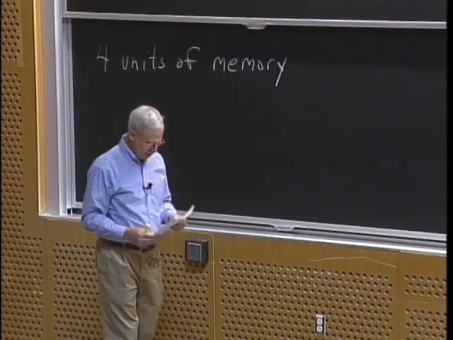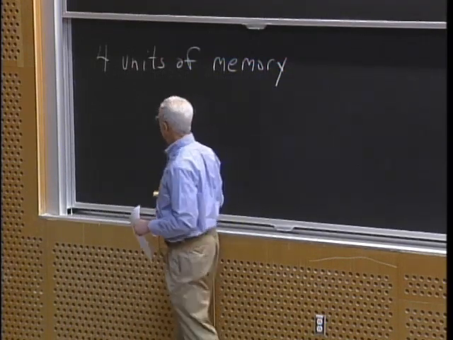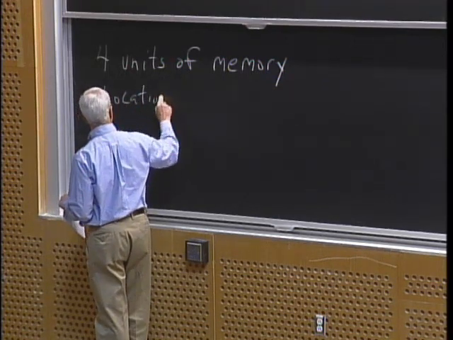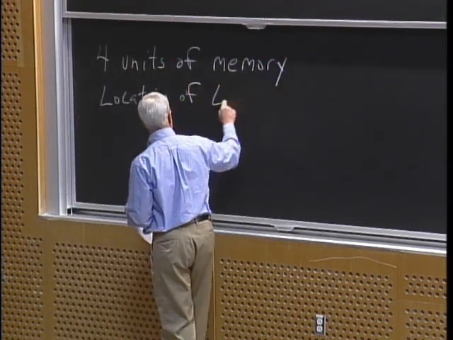Now, how would we get to the ith element of the list? What is the location in memory of L sub I?